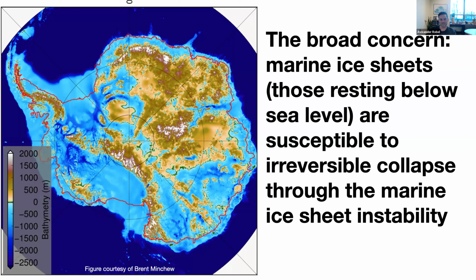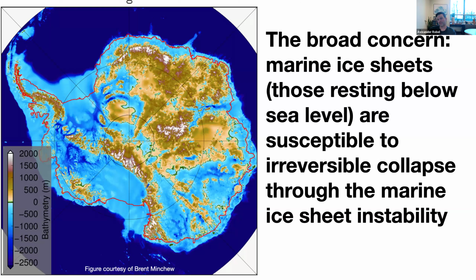So what you can see here is that large parts of Antarctica, and particularly West Antarctica, which is on the left-hand side of this figure, are resting 500, 1,000, even up to 2,000 meters below sea level. And that makes them susceptible to something that is popularly called, in the ice sheet or glaciology community, the marine ice sheet instability.